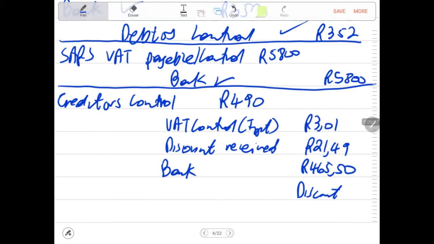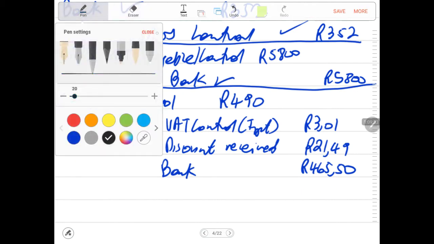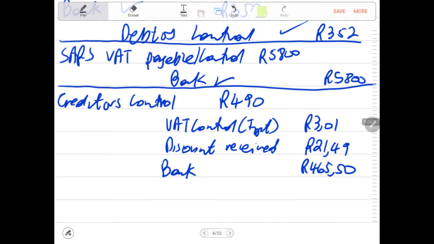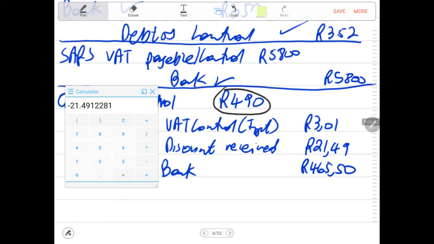Now let me go to my other method of calculation. How much VAT did we claim from SARS when we bought the inventory on credit? We claimed VAT from SARS based on the amount that we owed.